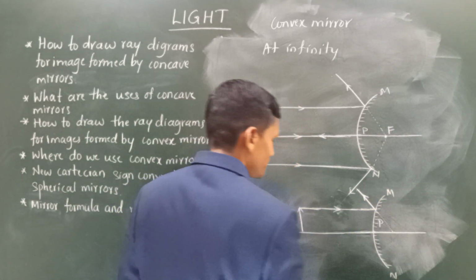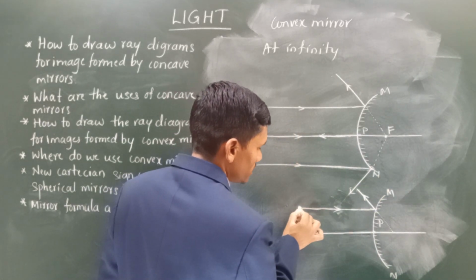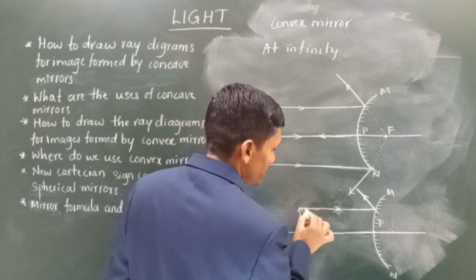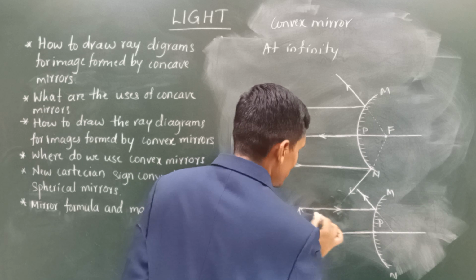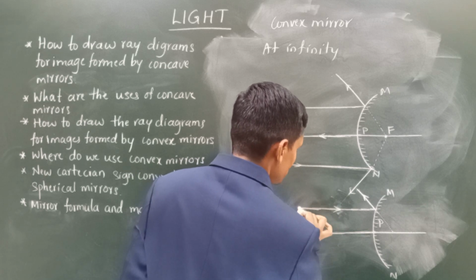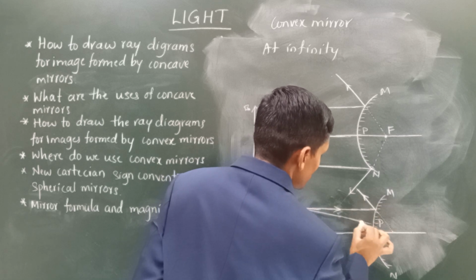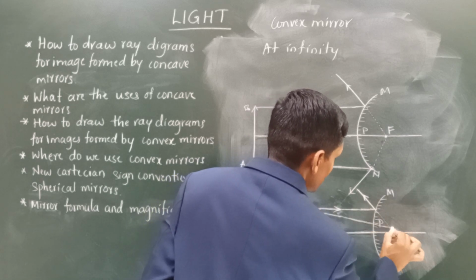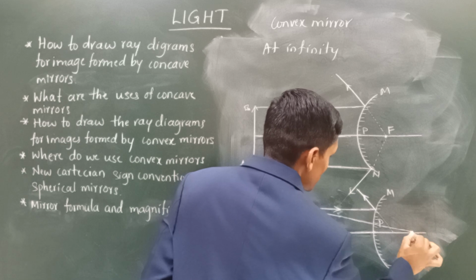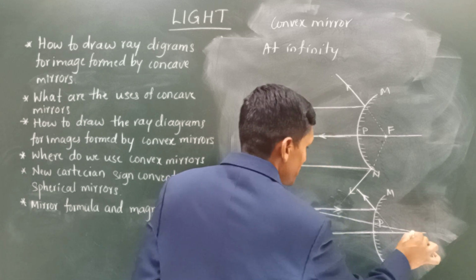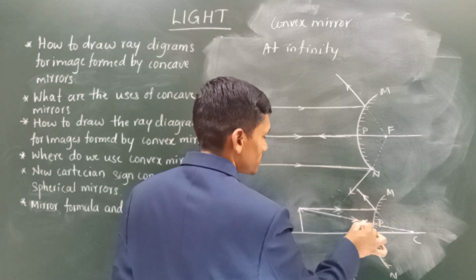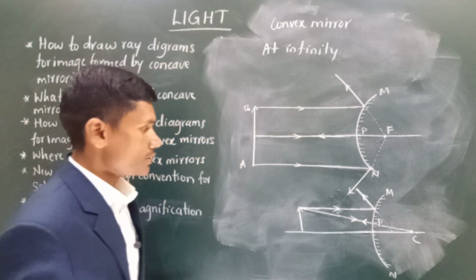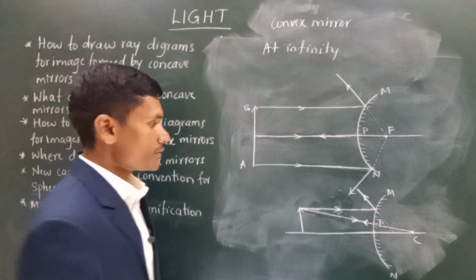Now you have to consider one more ray of light which appears to be passing through the center of curvature. This is center of curvature. If it is appearing to be passing through this, after reflection it follows the same path, according to the rules we studied in the previous class.